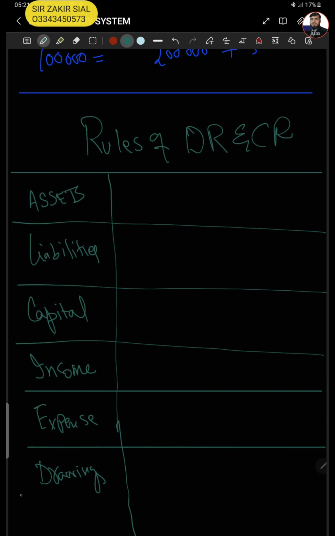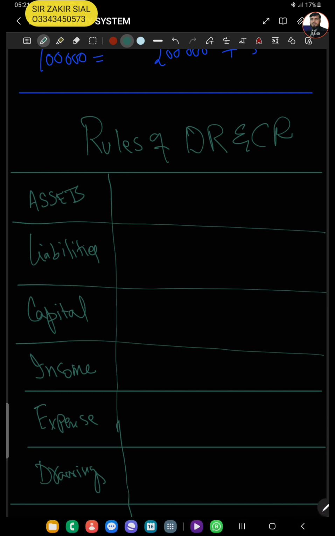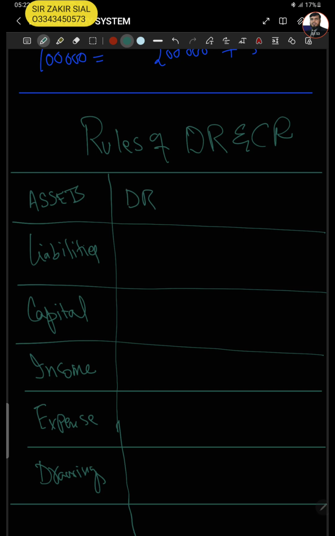These are international golden rules of debit and credit. Normally assets are written on the debit side, and liabilities in normal situation we write on the credit side.